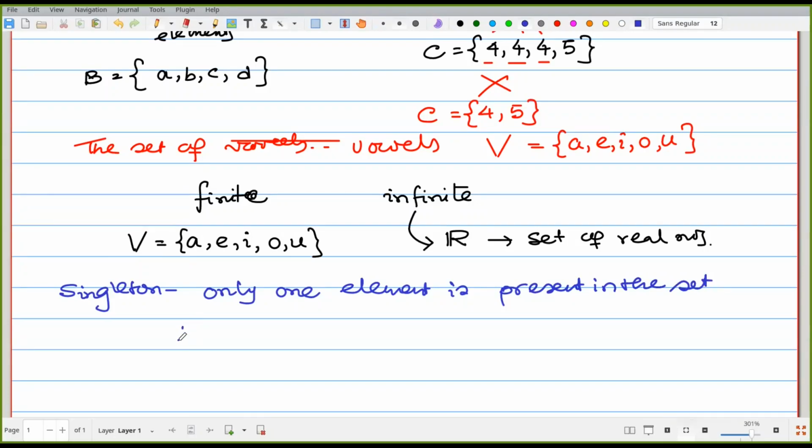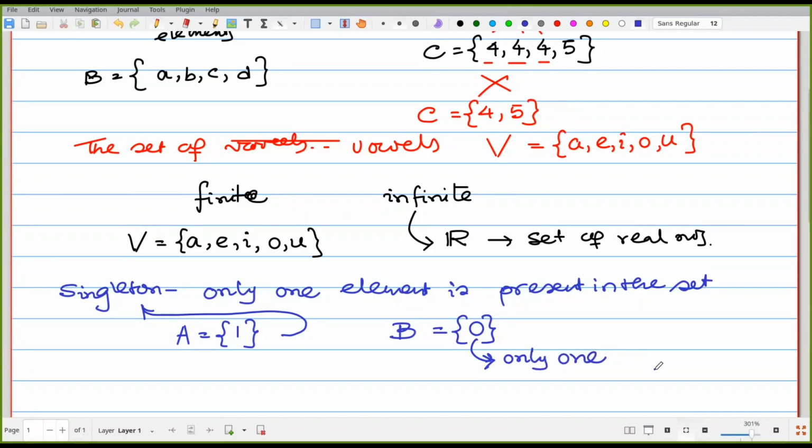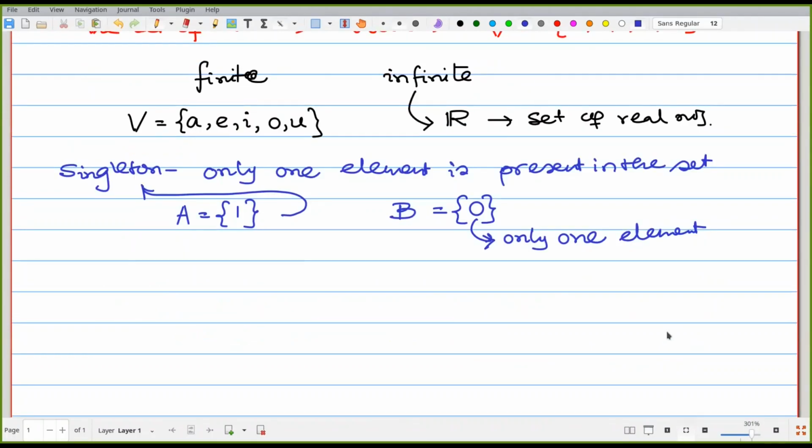Suppose I am writing a set capital A as 1. So it is a singleton set because it contains only one element. Suppose another one, B. It contains only one element and that one is 0. So it is a singleton set.